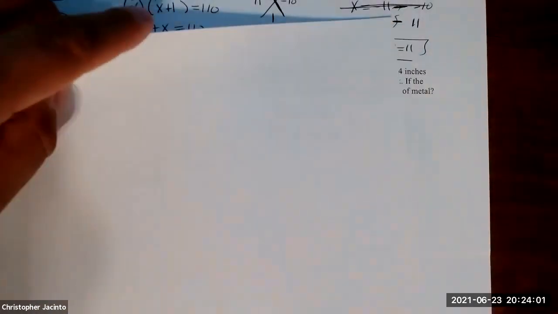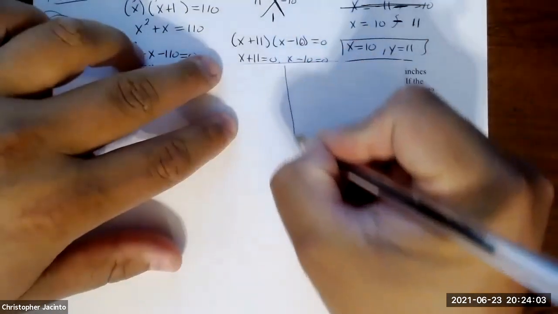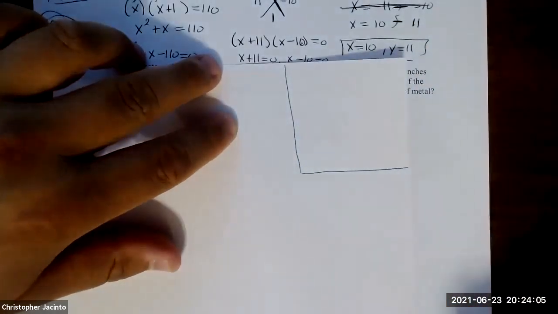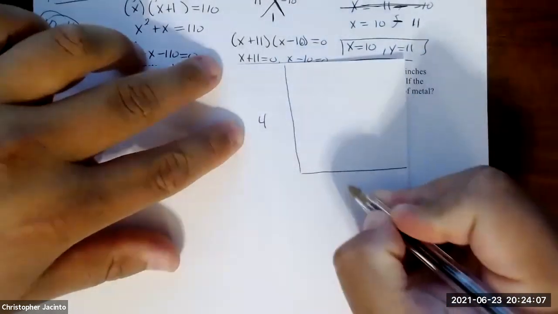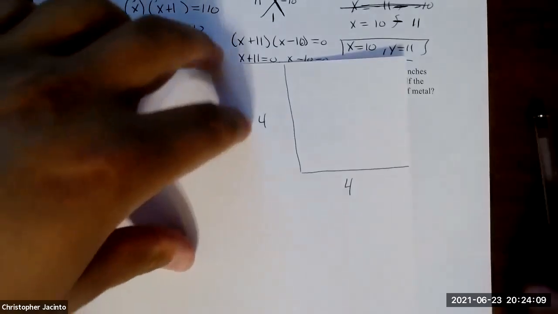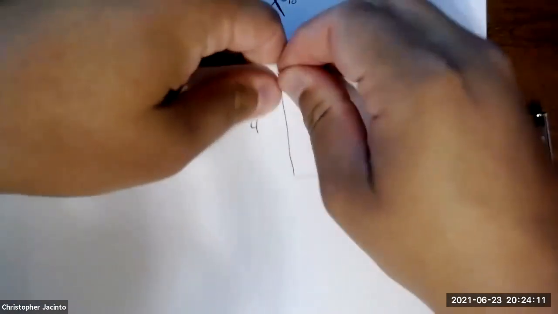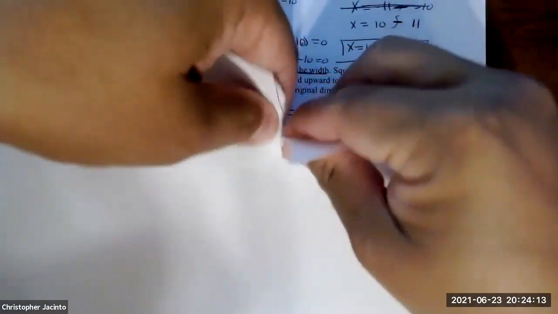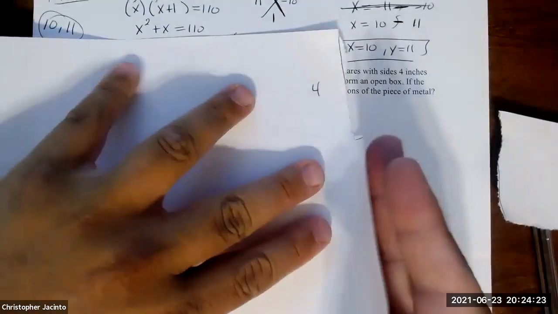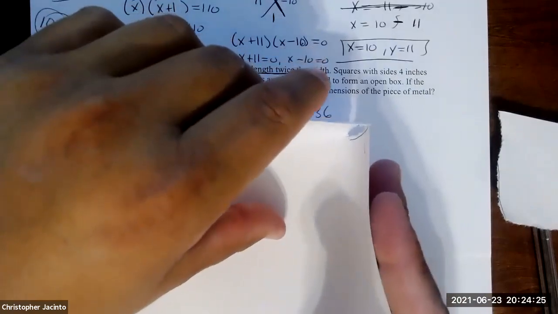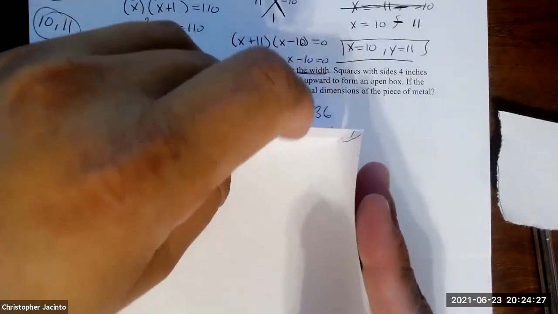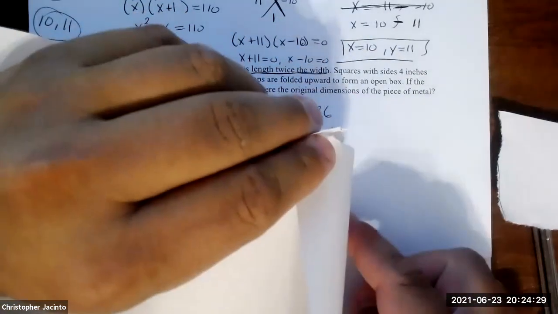Well, let's just do an experiment. Let's suppose this is 4 inches and 4 inches, and I now cut it. And again, I do that all the way around, and now I fold it up like that. So the question now becomes, how high is it from here to there?